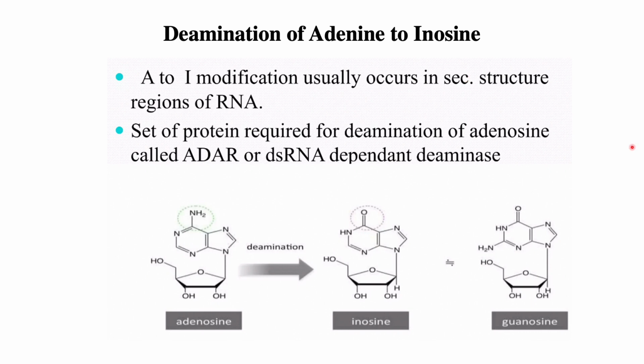So it could form a bond with G, C, T, or even A. So this affects the secondary structure of the RNA molecules, and hence it affects their functionality as well. The set of proteins that are required for the deamination of adenosine are called ADAR, or dsRNA dependent deaminase.